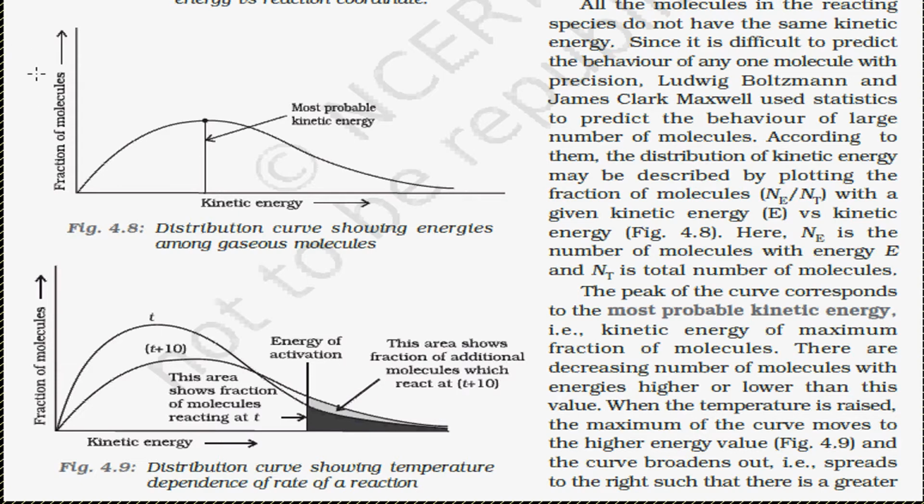So here we have the molecules and here we have the kinetic energy. The peak of the curve corresponds to the most probable kinetic energy, that is, the kinetic energy of the maximum fraction of molecules.